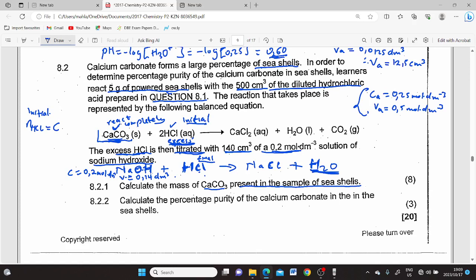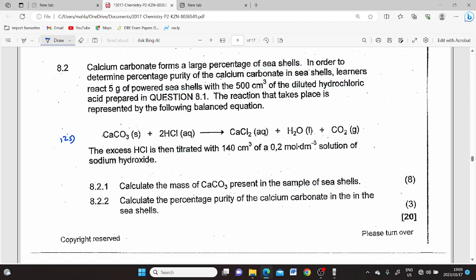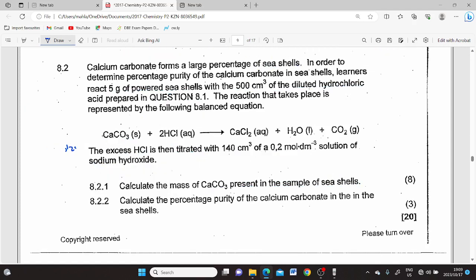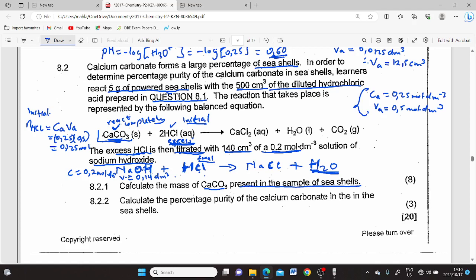So we're going to have the concentration of acid multiplied by the volume of the acid: 0.25 multiplied by 0.5. Using your calculator, you get 0.125 moles. That is what we have initially, before it reacts with the calcium carbonate. Then it's fine.